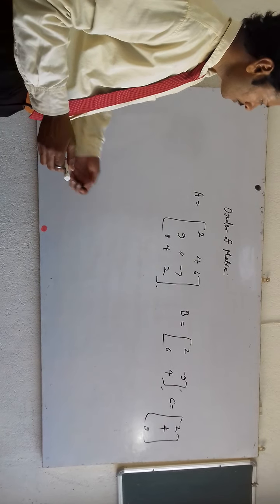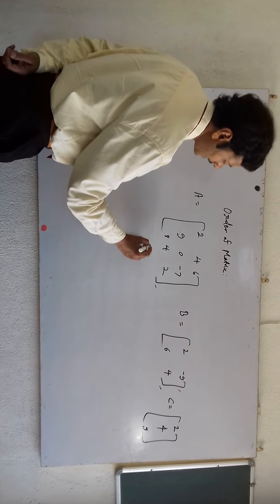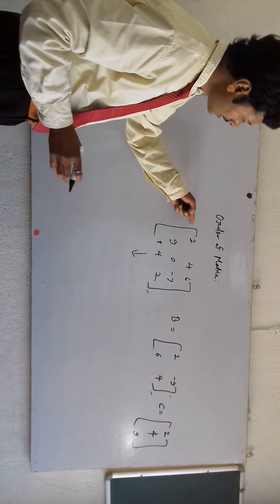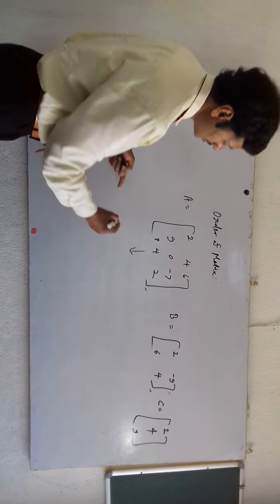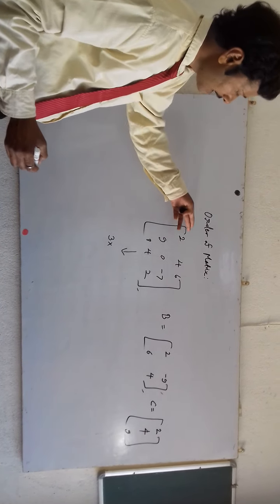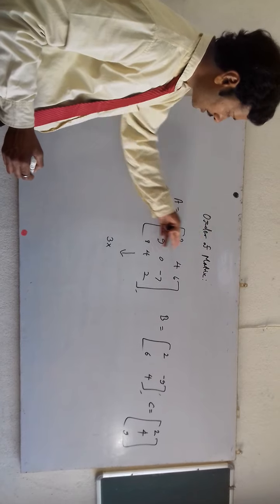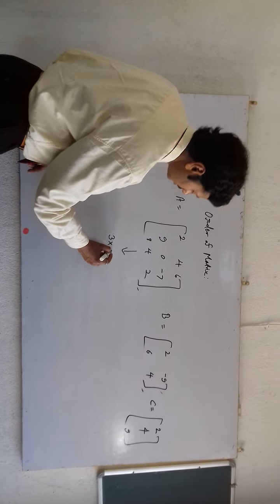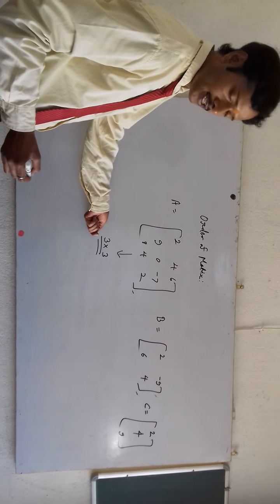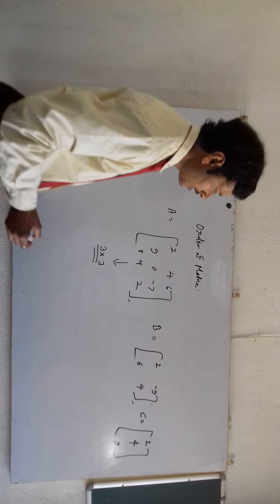The order of the first matrix can be denoted as follows. Since you can see that there are 3 rows, we use 3 into, and here there are 3 columns, 1, 2 and 3, that means 3. So the order of matrix A is 3 into 3.